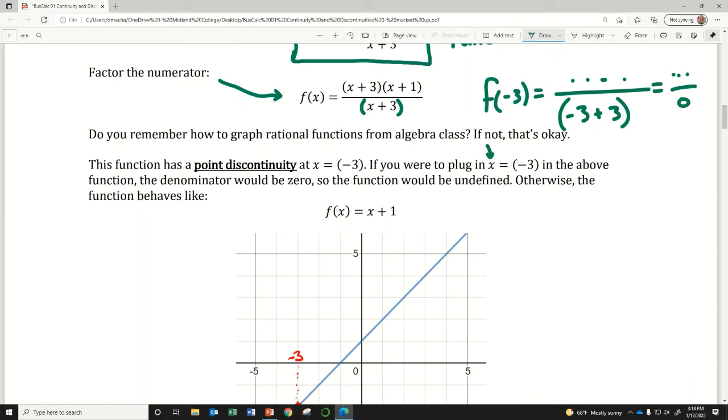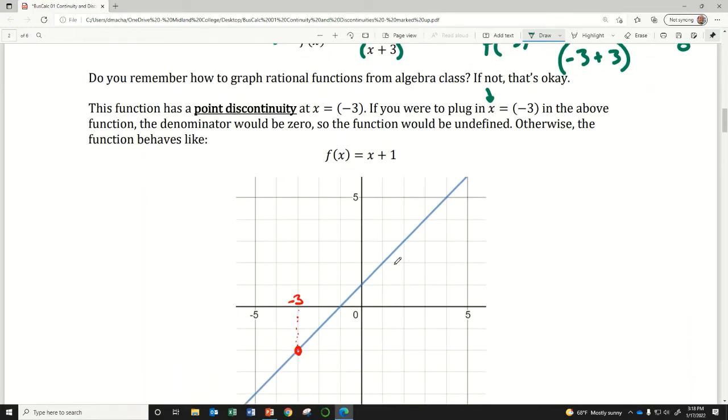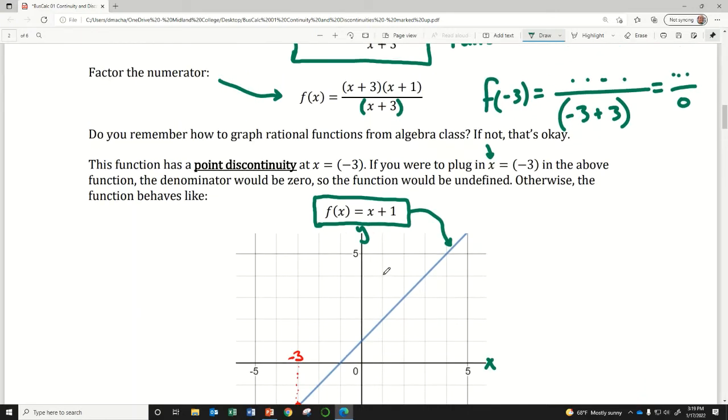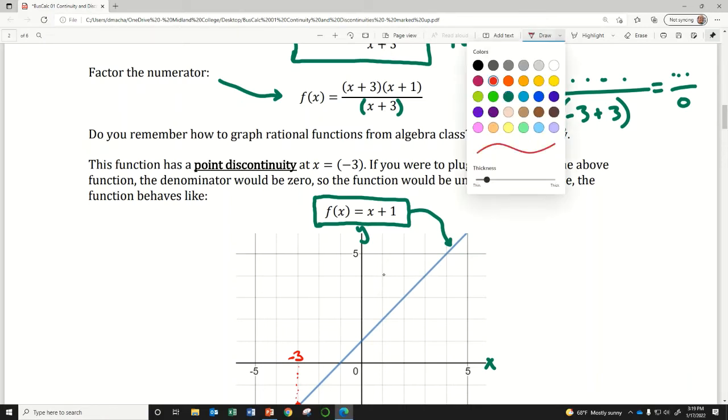Now, aside from this one spot where my function is undefined, here at x equals -3, the rest of the function behaves like f(x) equals x plus 1, which is a line. And the reason we know that is because, scrolling up to this factored form, if I have x plus 3 as a factor in the numerator and x plus 3 as the factor in the denominator, these two factors cancel.